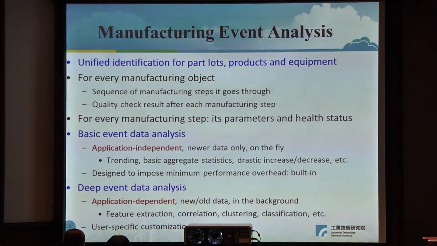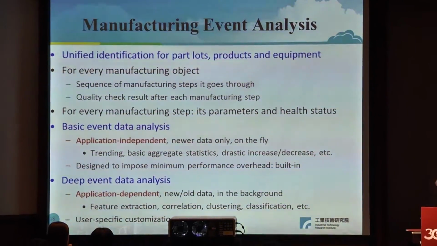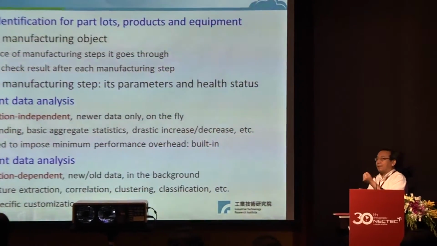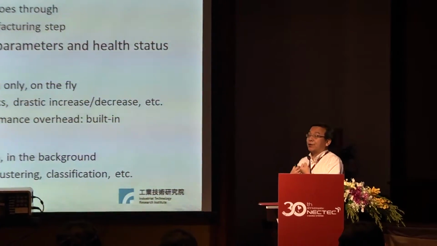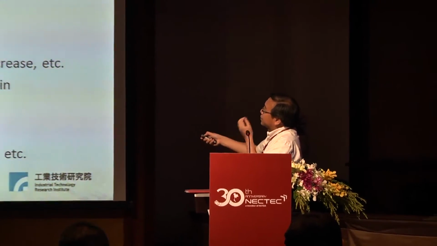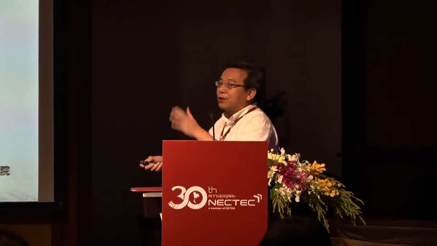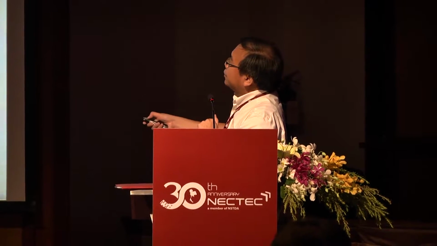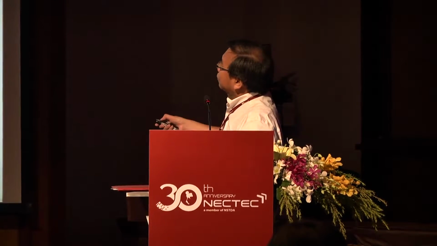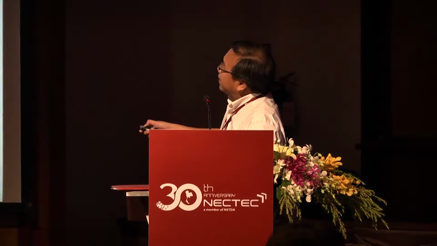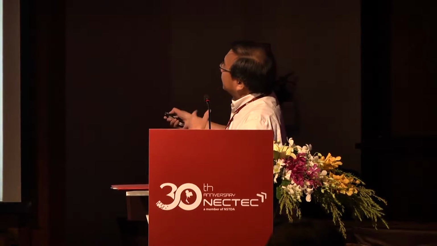or a laptop, for example. For a laptop, I want to uniquely identify each laptop that I manufacture. And I want to know the sequence of manufacturing steps that it goes through, which set of manufacturing equipment it goes through. And then you do a quality check after each manufacturing step. When we say each manufacturing step, we mean the parameters and the health status of those manufacturing equipment.